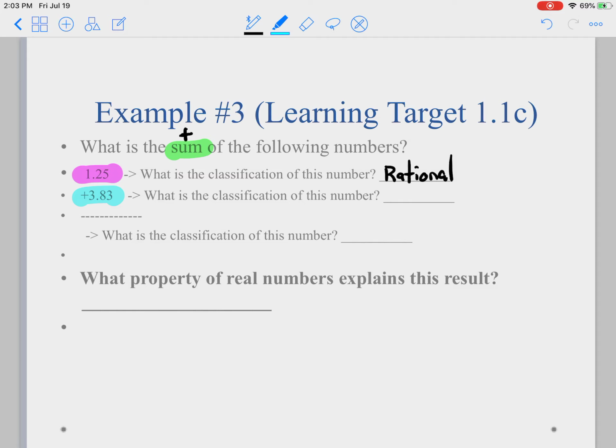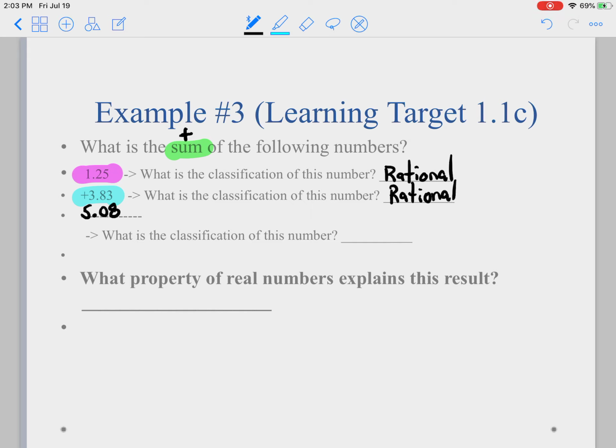We know that it does terminate. So that will lead us to the conclusion that we have a rational number that we are working with. So we have two rational numbers being added together.